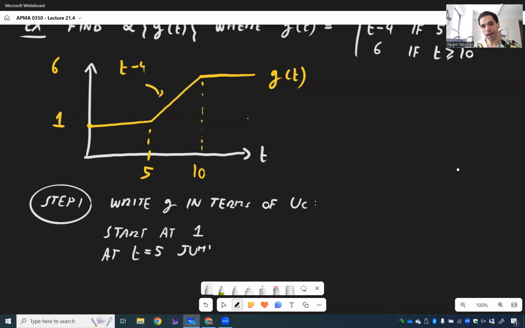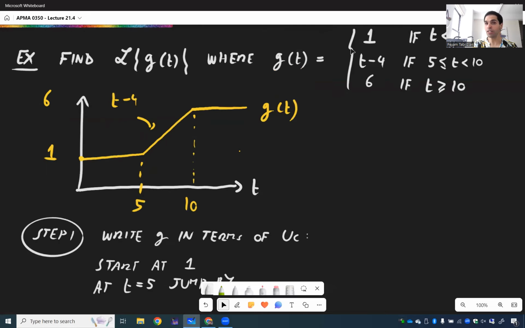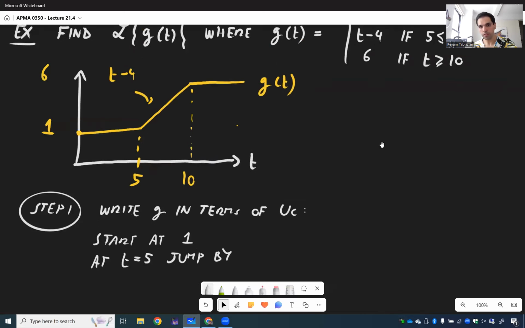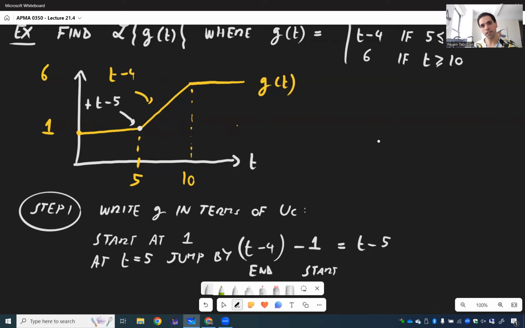So you jump by, it's always end minus start. So the end value is t minus 4. The starting value is 1. So in this case, t minus 4 minus 1. So end minus start, which becomes t minus 5. So here really jumping by t minus 5.